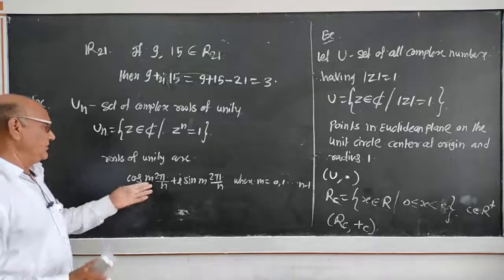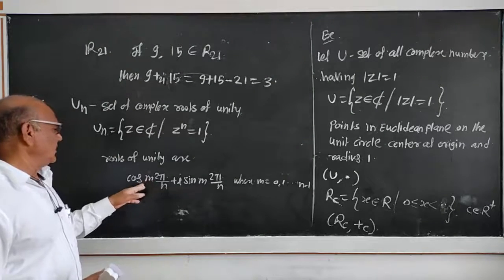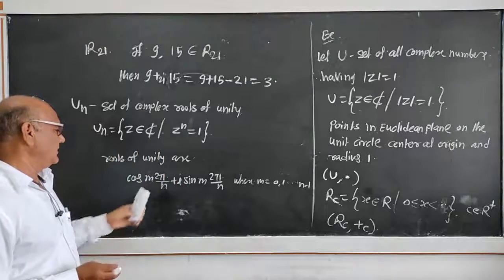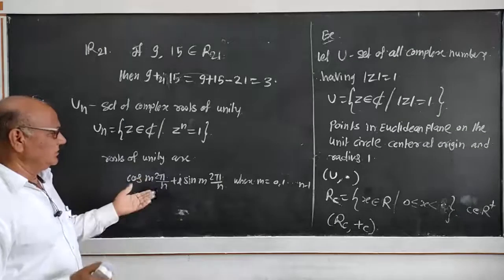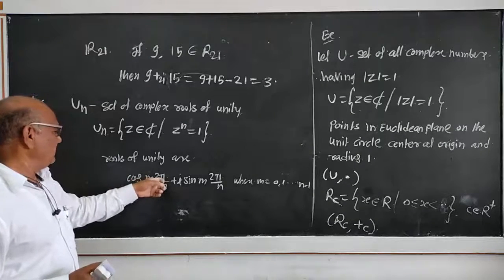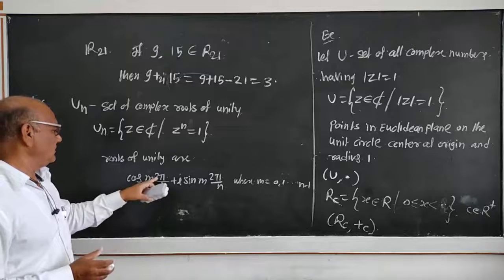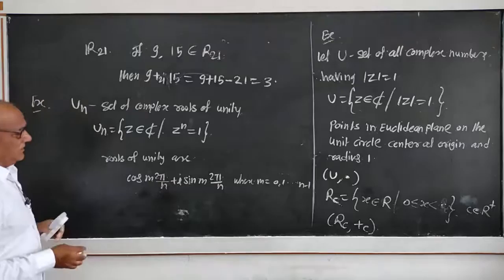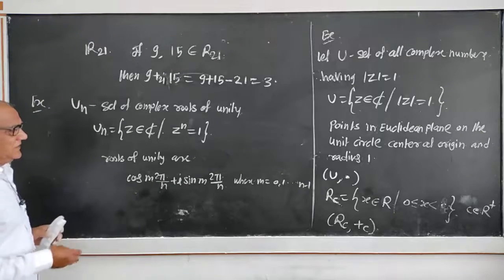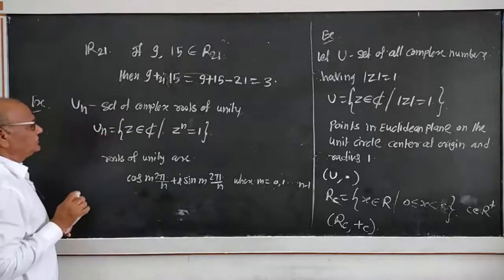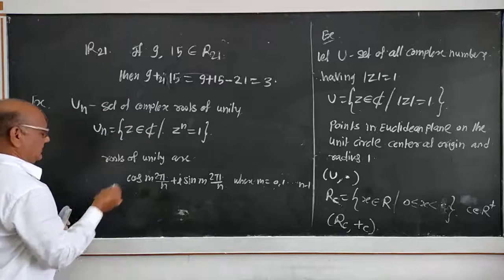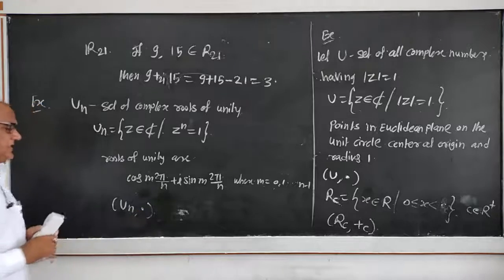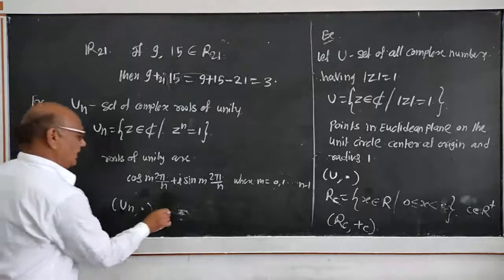If you take m equal to 0, then cos 0 plus i sin 0 gives 1. If m is equal to 1, then the first root is cos of 2 pi upon n plus i sin 2 pi upon n, and like this. These are n values, and take U_n with multiplication of complex numbers.